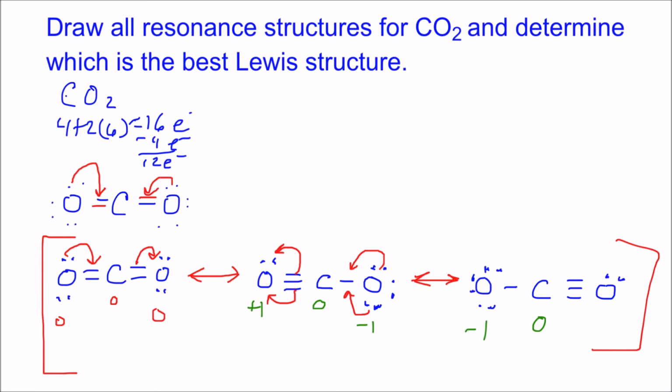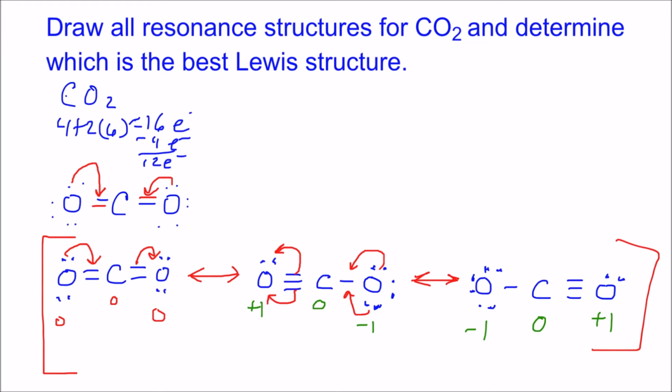It's 1 less than it's supposed to have. So that's a +1 charge. So overall, the charge is still 0 here. Okay? Now, that's the only way that we can shift those electrons. There's no other way that we can shift them so that everything still has an octet met.